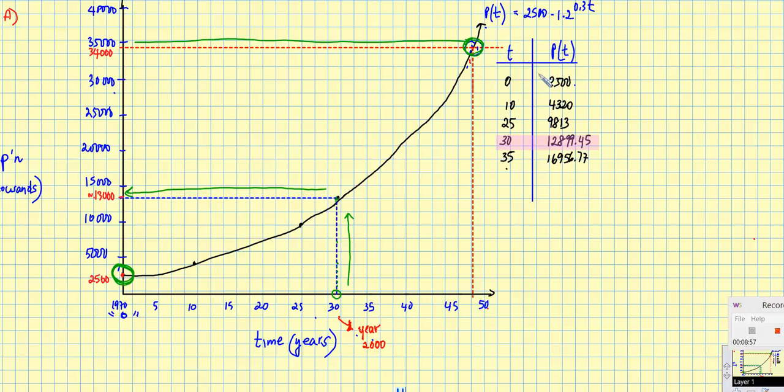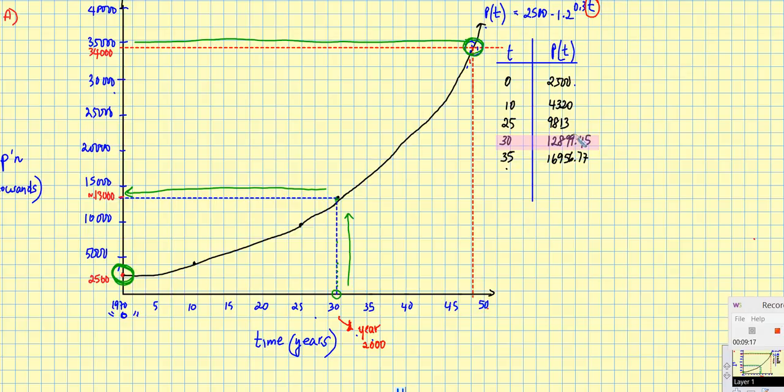And then just plugging these values into my calculator, I could have very quickly gotten my values of the population based on what the value of the time was that was inserted in the equation. So I just plugged in the value of t, and I was done.